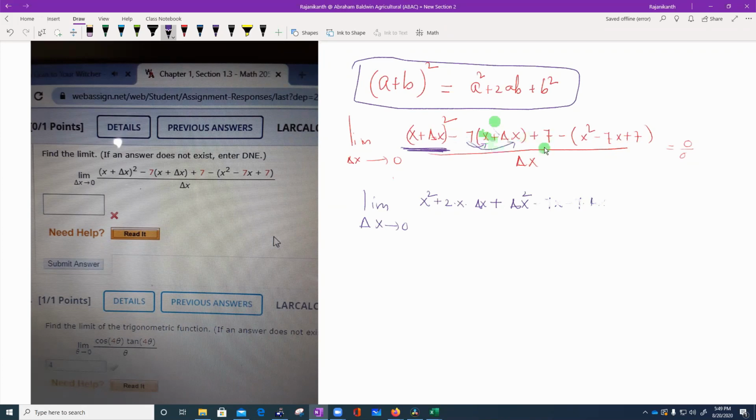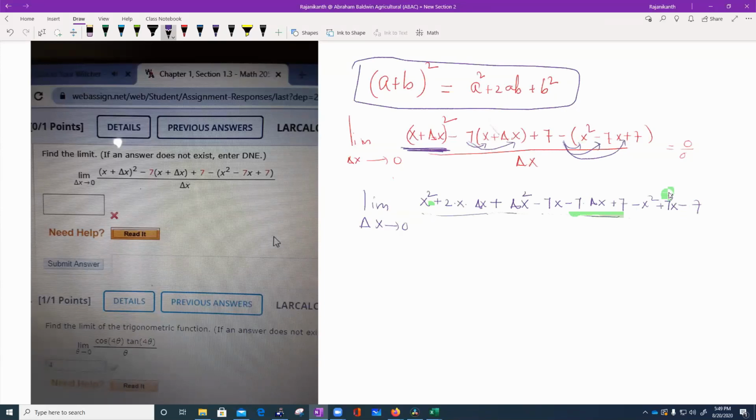Then I have plus 7 outside, write it down. Again, you need to distribute with a negative sign inside. All three should be multiplied. So you should get negative x squared, negative into negative, this will make positive 7x. And again, minus into plus is minus 7. This is the huge expression you will have in the numerator.